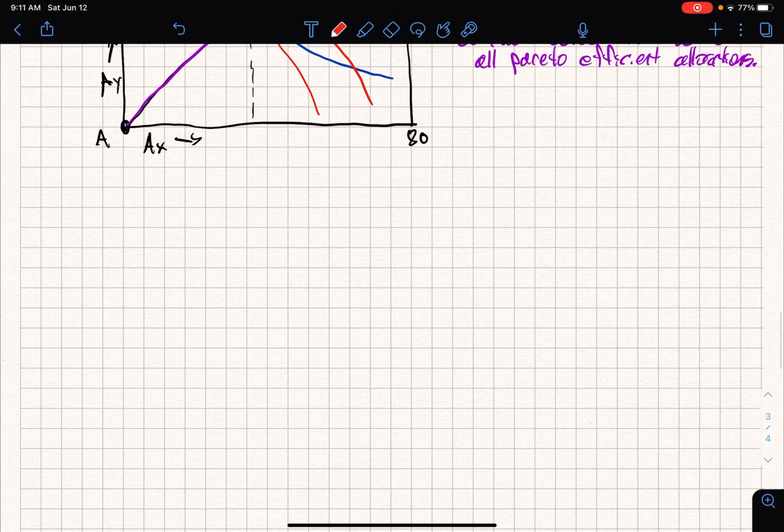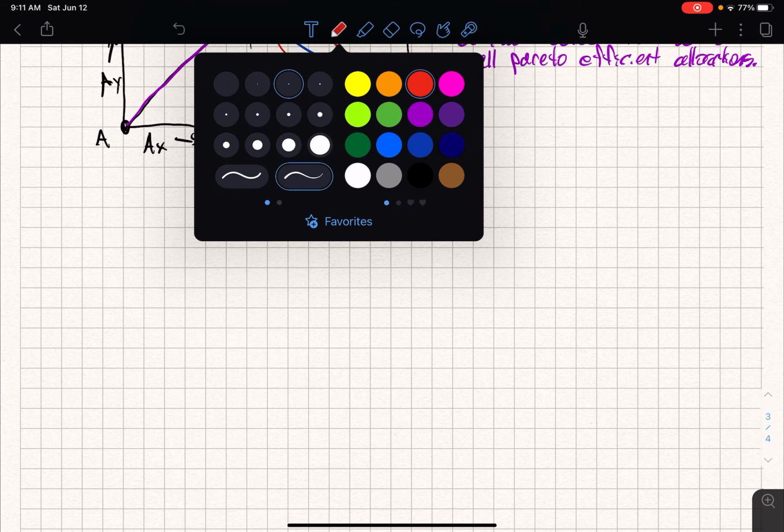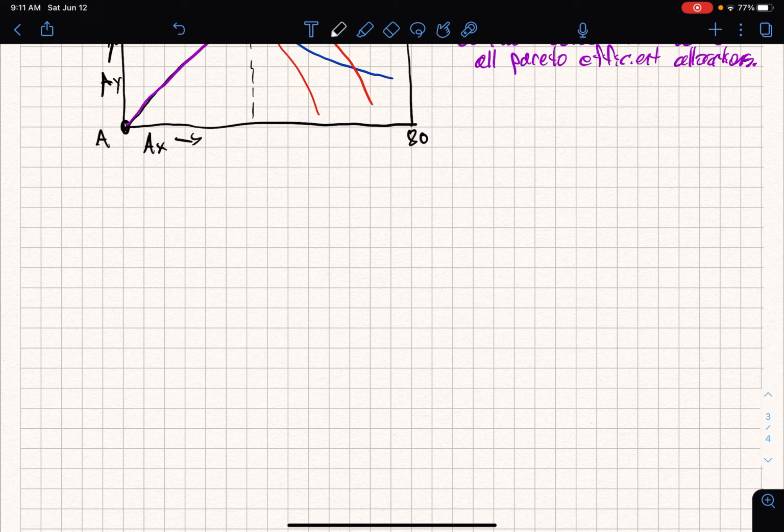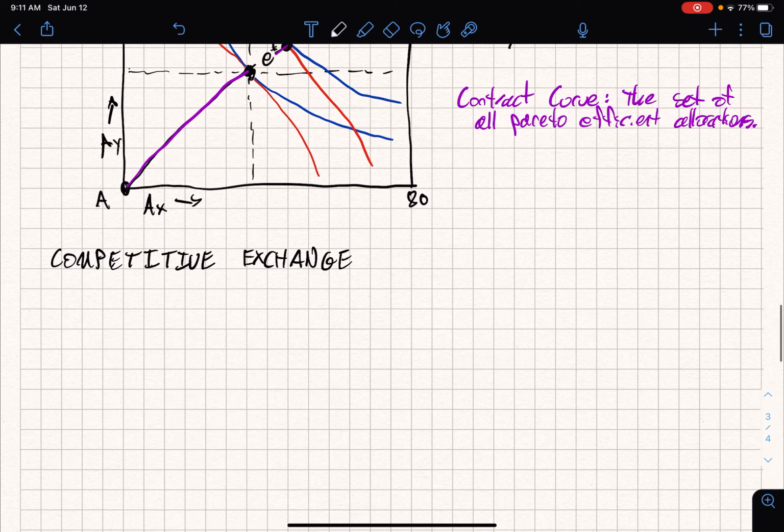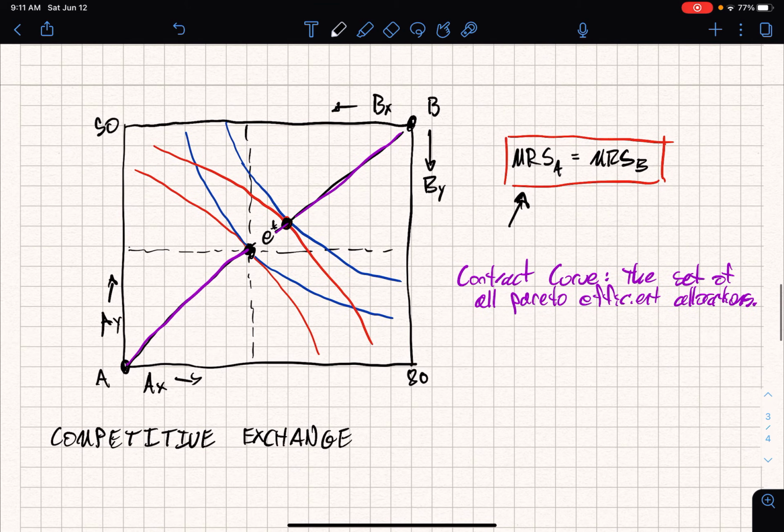And the next, what we call this, is competitive exchange. So this is really where we try to pin down prices. So I'm going to keep the same graph here, but what we're going to do is think about where prices might come from.